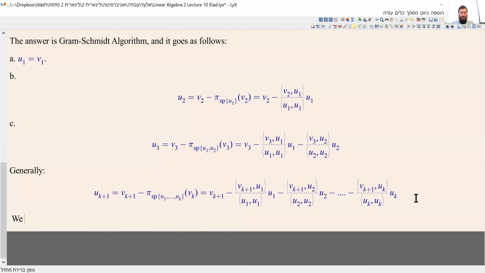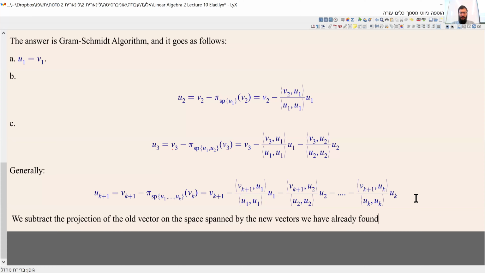We subtract the projection of the old vector on the space spanned by the new vectors we have already found from the old vector. That's what gives us the new vector.